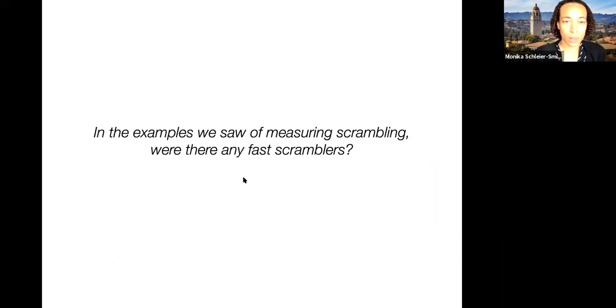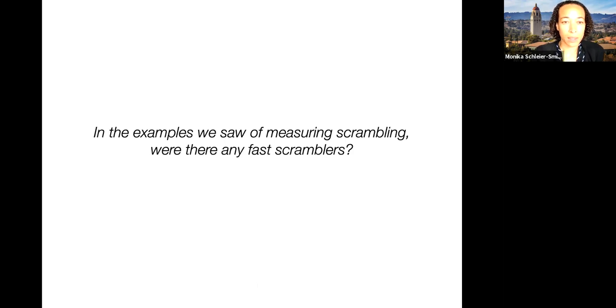Just as a quick check to see whether people are following, I showed a few different experiments quantifying scrambling. In anything I've shown so far, were any of the things fast scramblers?